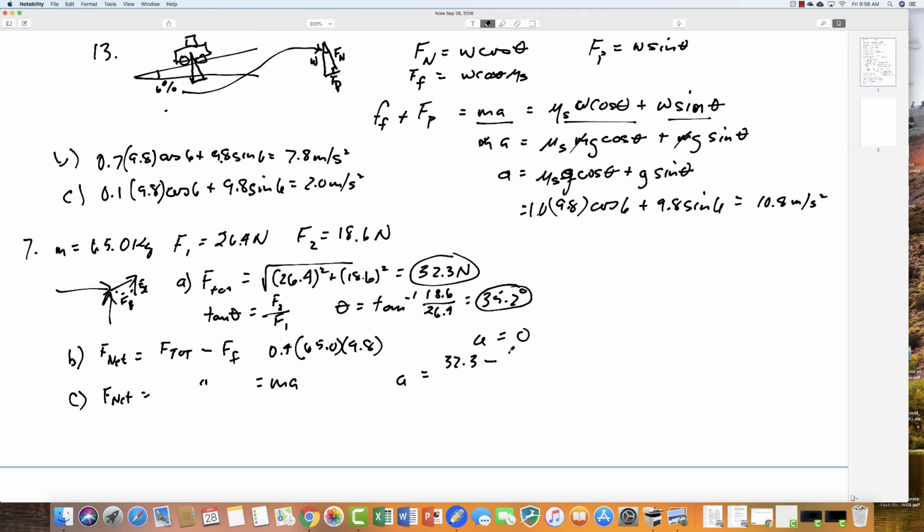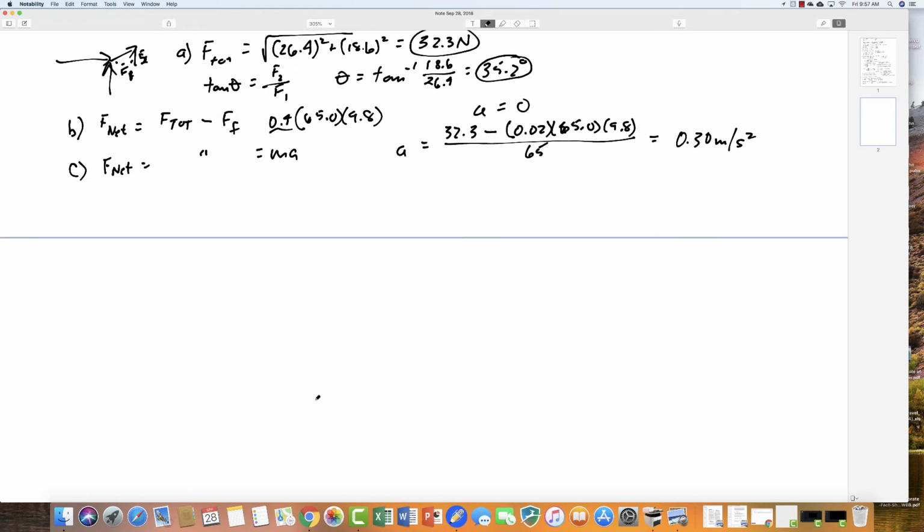This time the coefficient of friction, instead of 0.4, is 0.02 since she's moving, times 65.0 times 9.8, and all of this is divided by her mass. If you do this, this number is smaller than this number, so she does move, and her acceleration ends up being 0.30 meters per second squared. The big difference here is between dynamic or kinetic friction and the coefficient of static friction.